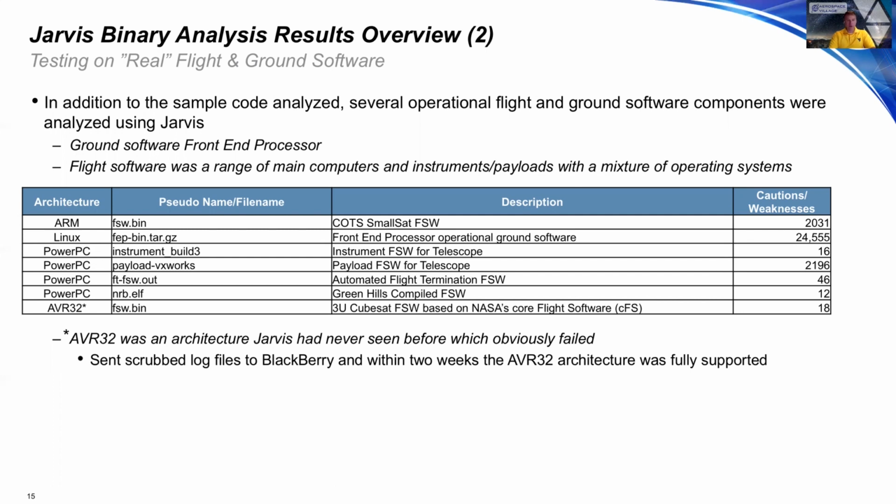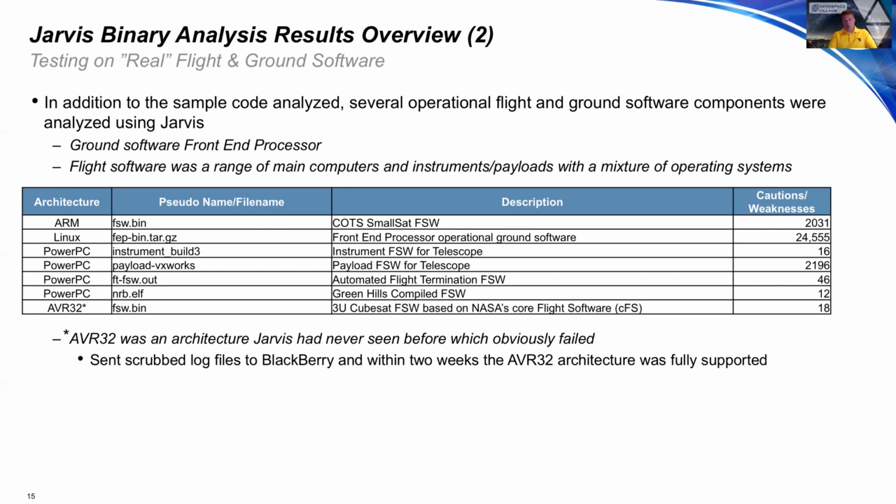One thing at the bottom that is interesting to discuss is that the AVR32 architecture was something the Jarvis toolset had never seen before. It was a CubeSat that was launched a couple of years ago, and we had access to the flight software. We ran it through the Jarvis toolset, and it basically had no support for it.